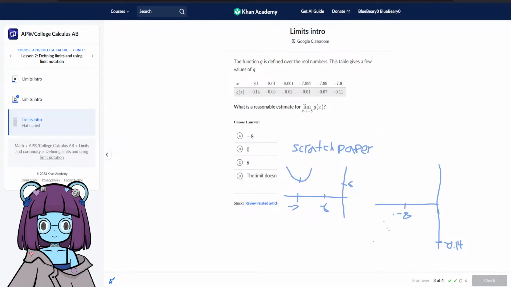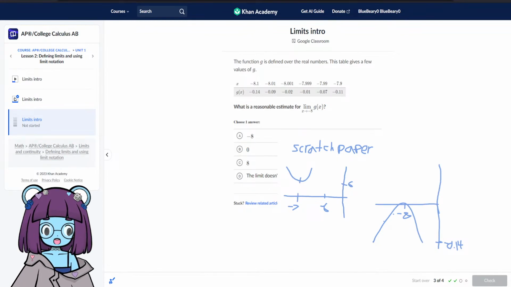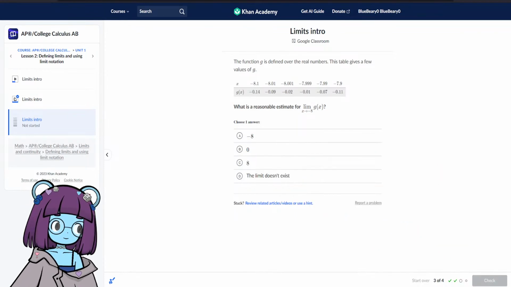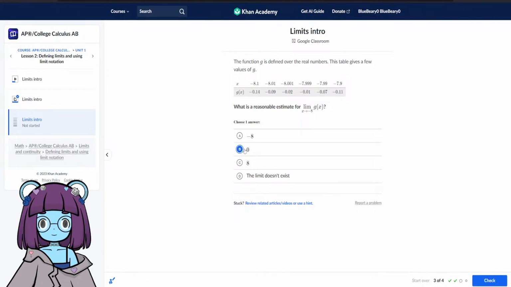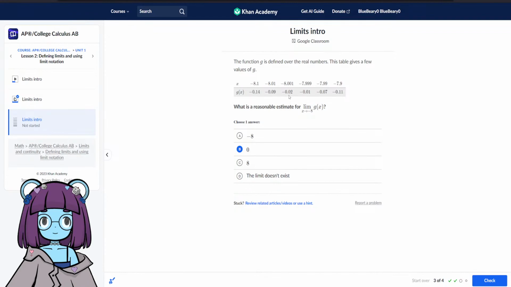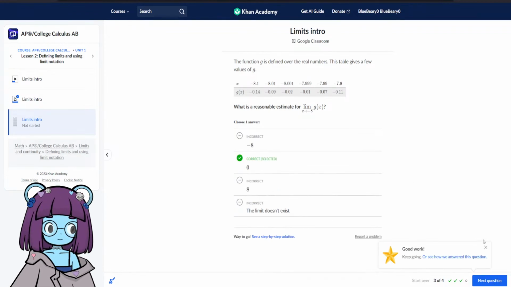Maybe it does approach 0 because it goes like this. Yeah, I think it may approach 0. I don't know, I'm just going to go with my gut. Okay, it is 0.